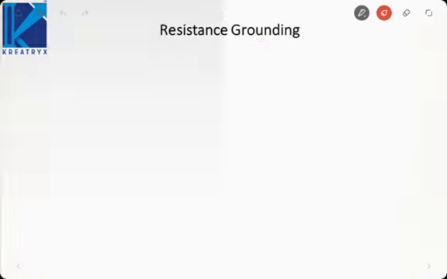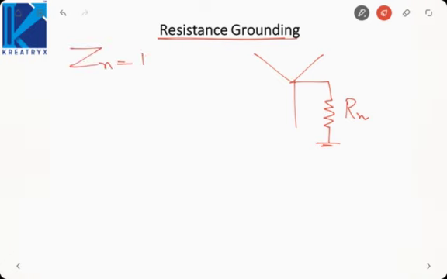The next type of method is called resistance grounding. Here what you will do is ground the neutral by means of a resistance. So here Zn is equal to Rn. Now this type of grounding is used where charging current IC is small.